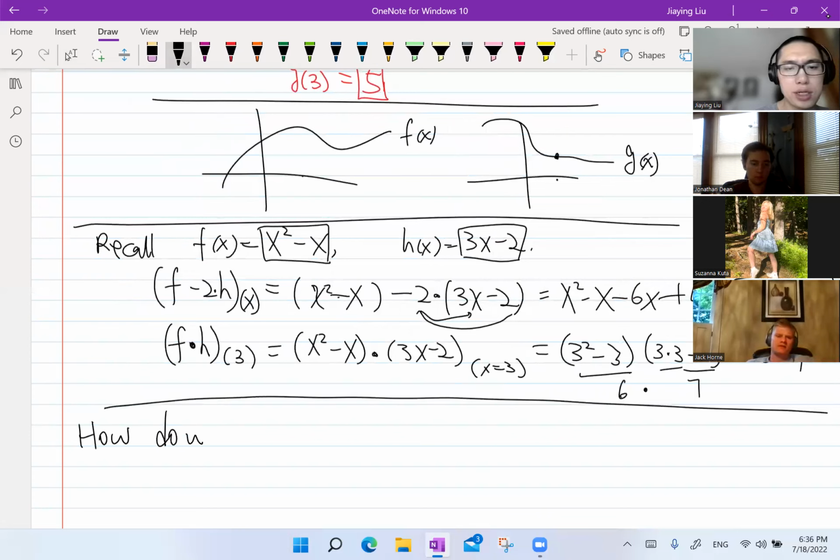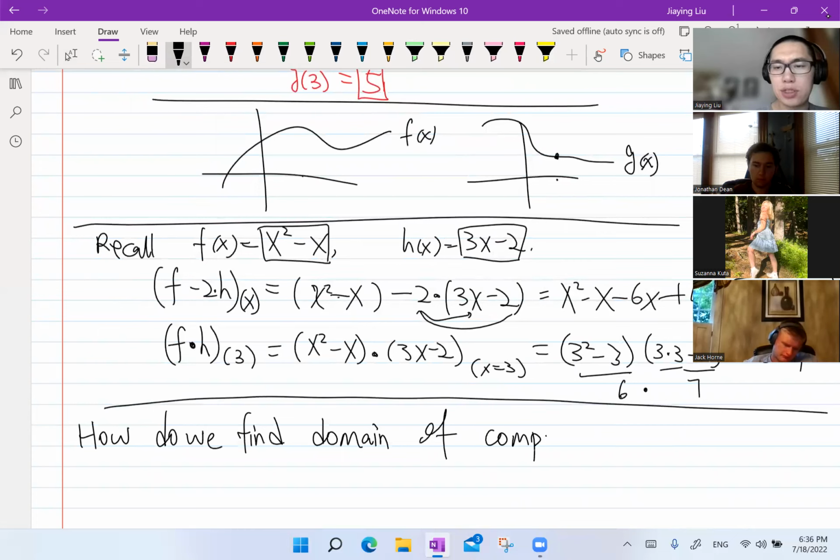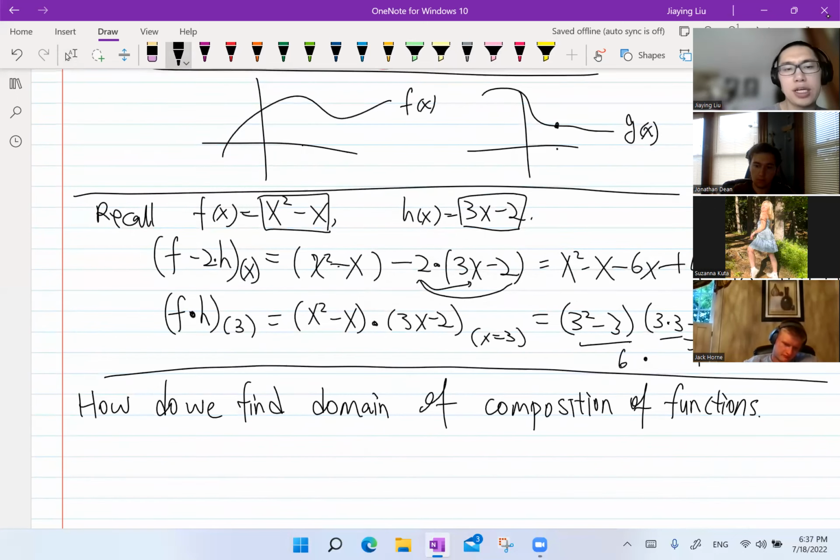How do we find the domain of composite functions? So let's see, we want to find the domain of, let's say, f of g of x.